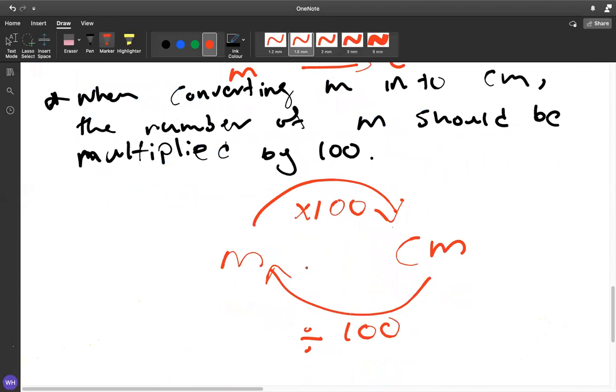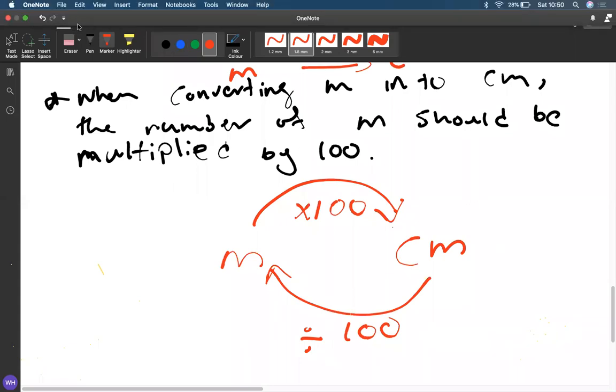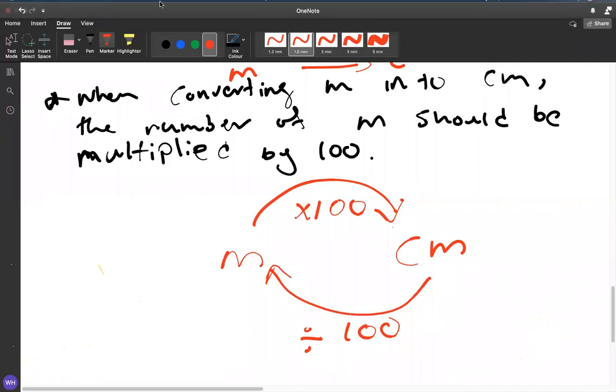And when you are converting number of centimeters into meters, you have to divide the number of centimeters by 100 to get the number of meters. So finished. Okay, good.